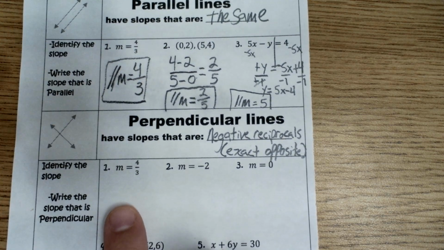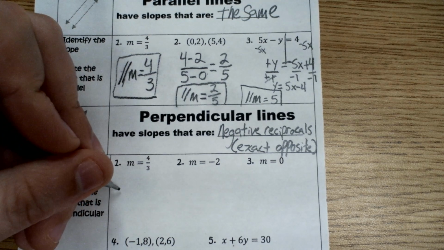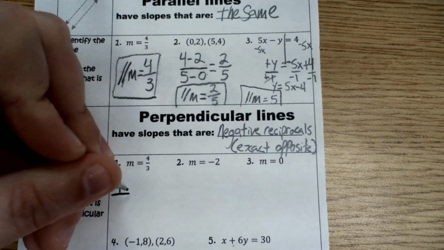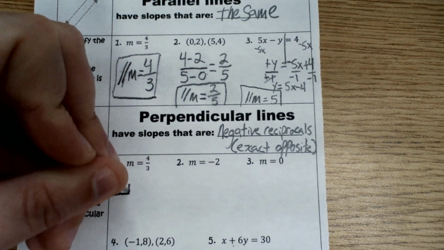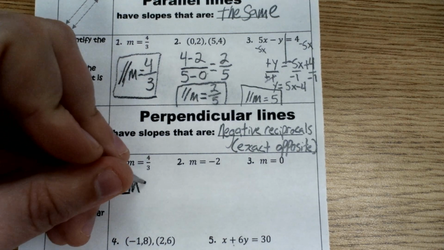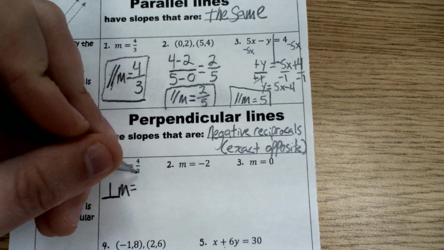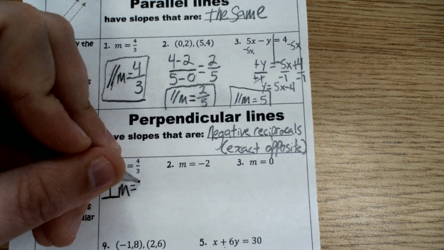So when I'm looking at the same 4 over 3, my perpendicular slope, and that's my sign for perpendicular, kind of an upside down T, would be not just 3 over 4. So I'm going to flip this and change the sign.